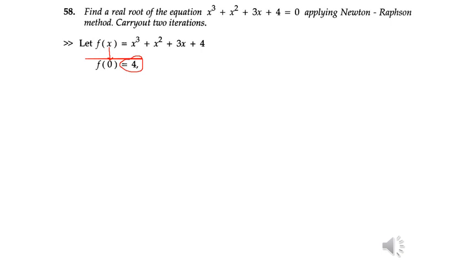Now let us go for one more value of x. We need to get a negative value. So can we take the next value as 1 or 2, 3, 4?